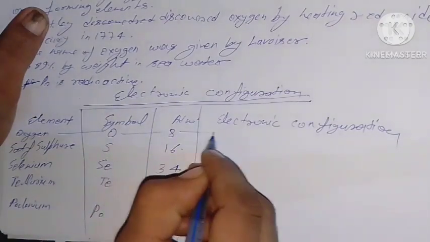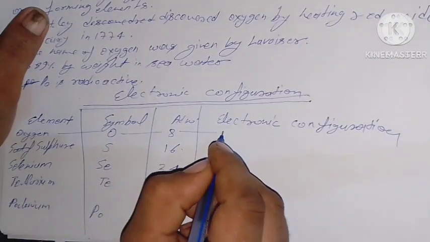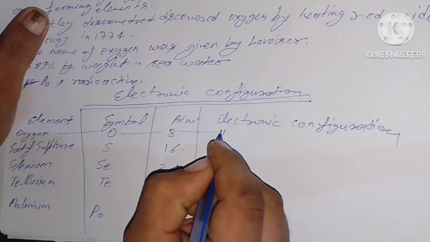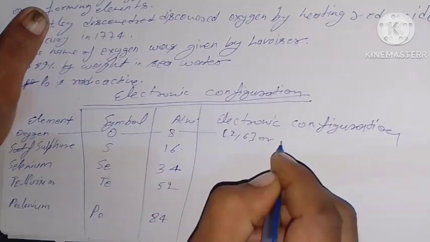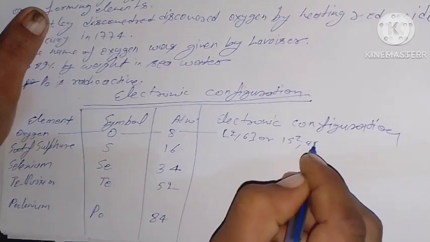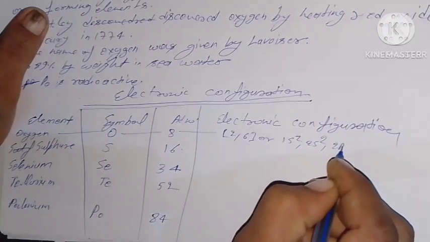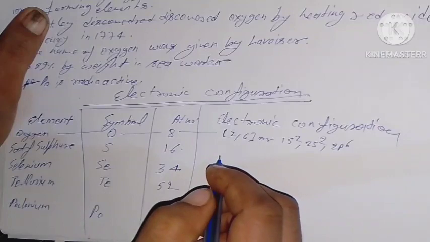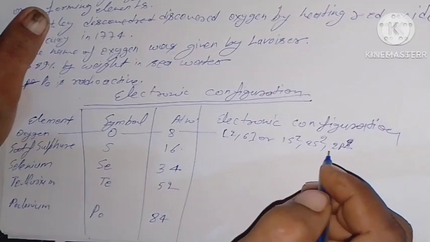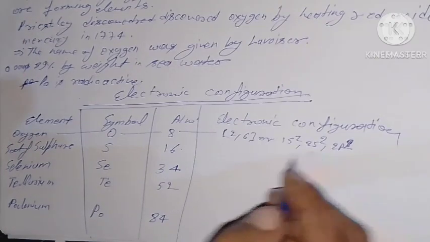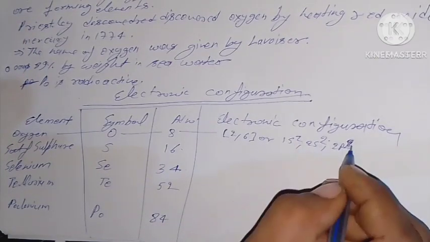The electronic configuration of oxygen is 1s2, 2s2, 2p4, that is 2, 6.